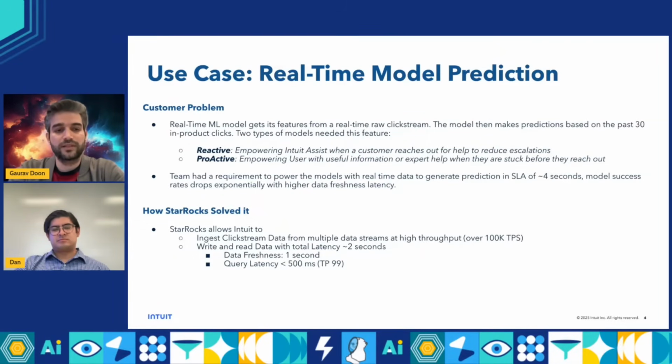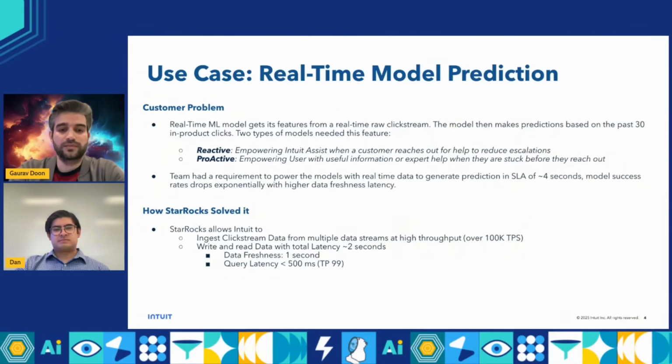This is a scenario where this ML model gets its features from real time raw clickstream data from our products like QuickBooks Online and TurboTax Online. The model makes a prediction based on the past 30 in-product clicks of the end user. And these are the two types of features that needed to be supported. First one is reactive.